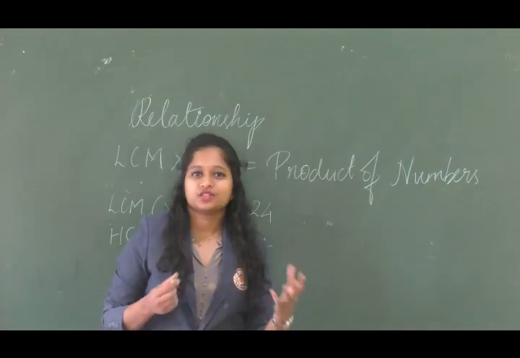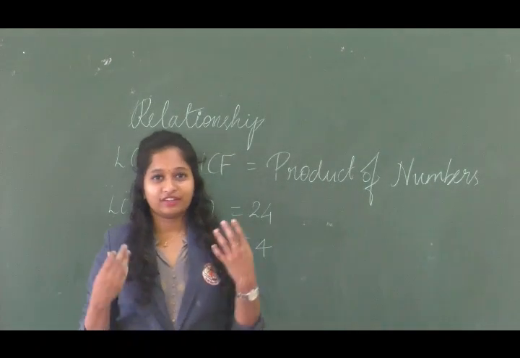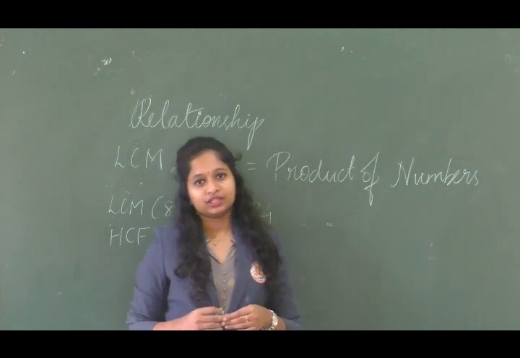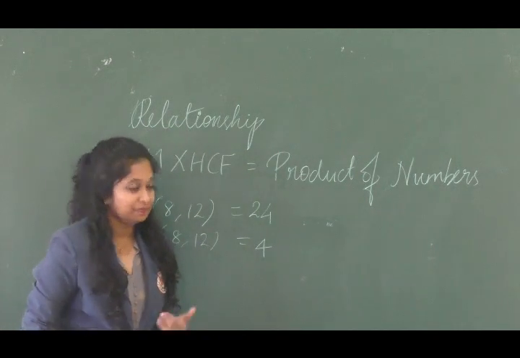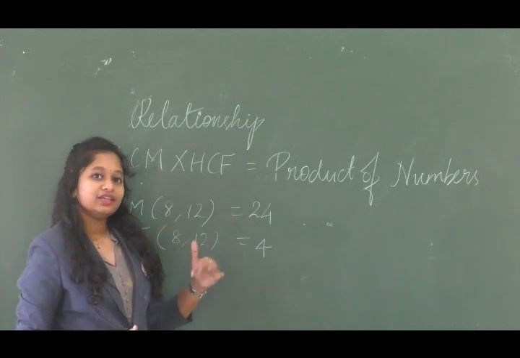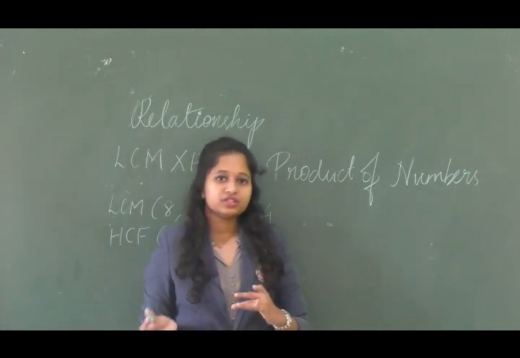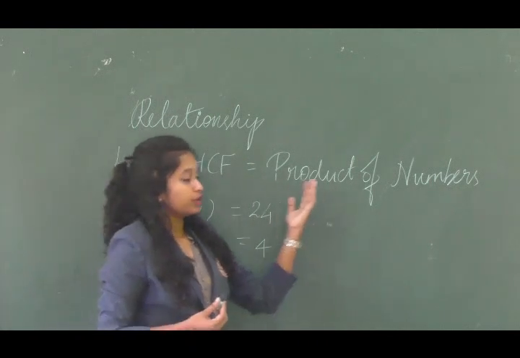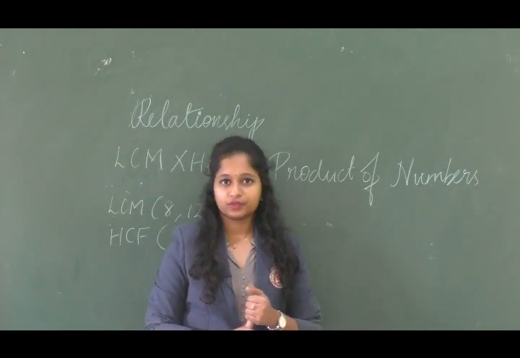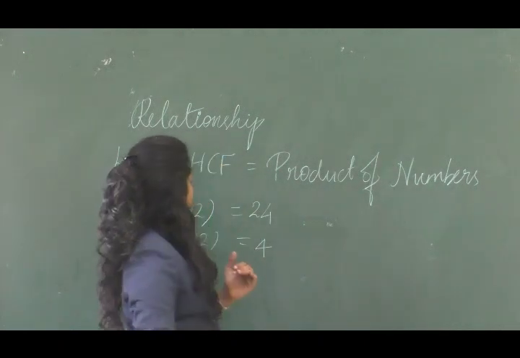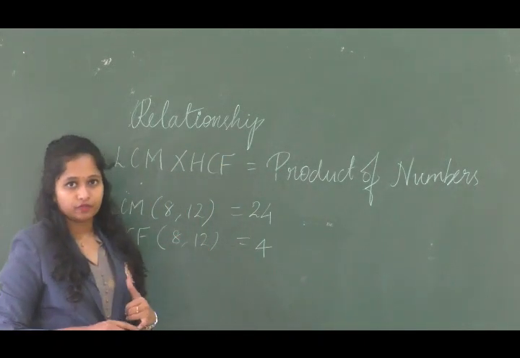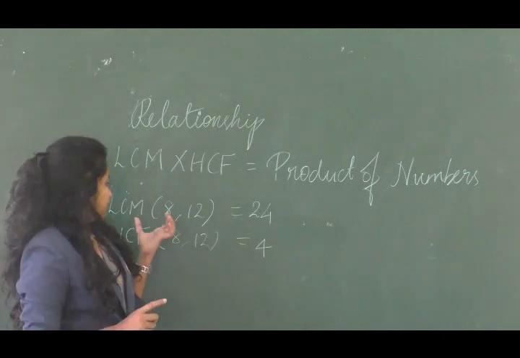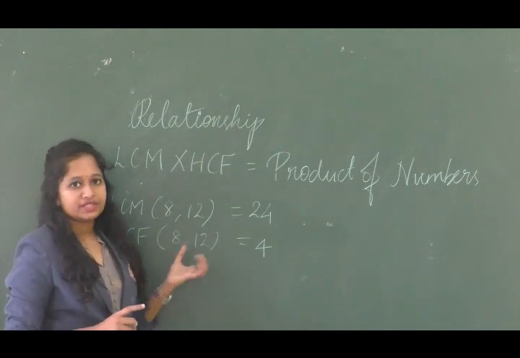Got it? So children, now let's see the relationship between HCF and LCM. Okay, what is the relationship? If you multiply the LCM of two numbers and HCF of two numbers, we would get the product of the numbers. Okay, let's take two numbers 8 and 12, and find the LCM of 8 and 12.